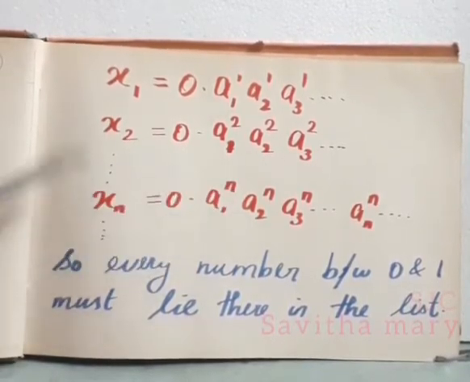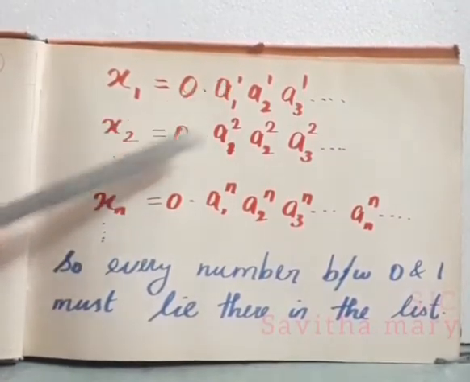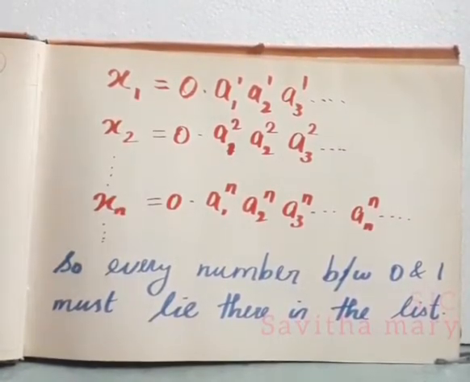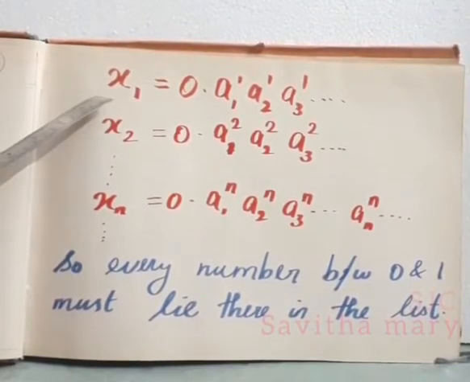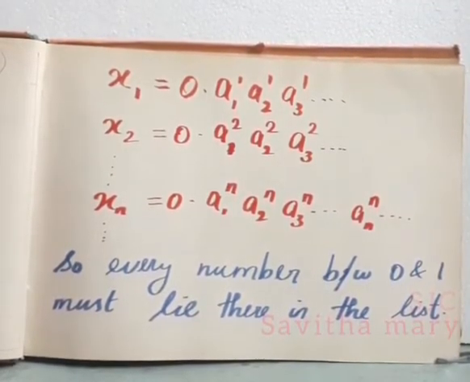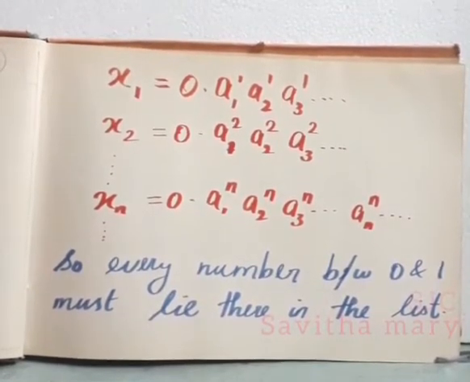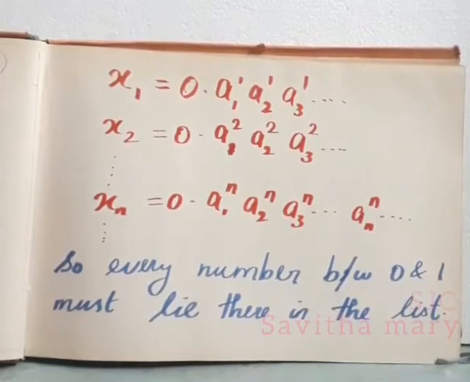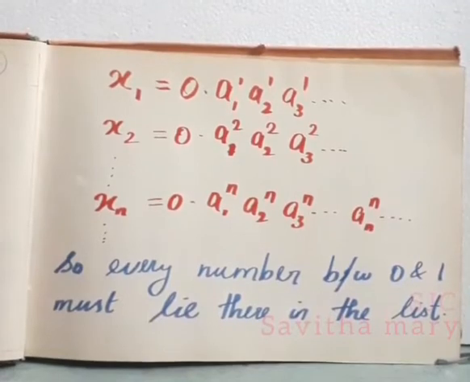We have written all the decimal elements as 0 point something, because every number in (0, 1), like a fraction 1 divided by n, starts with 0 point something.